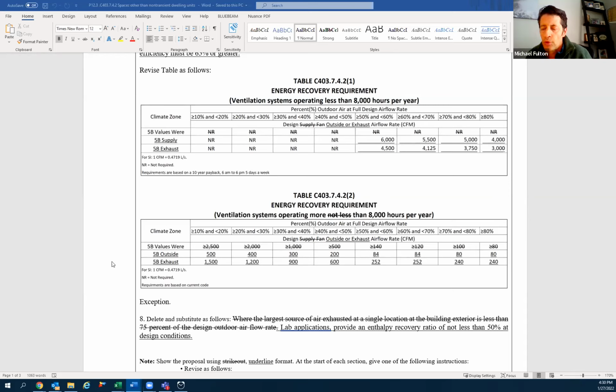And what I'd like to do is show you a quick presentation to go over a couple concepts, so then I can show you the amendment or our suggested changes.